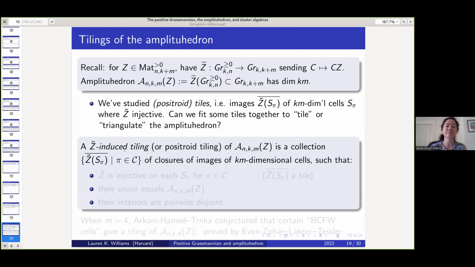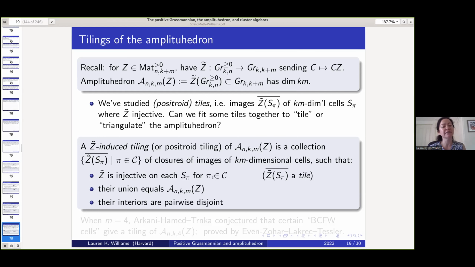We'll say that a Z-induced tiling or a positroid tiling of the amplituhedron is a collection of closures of images of km-dimensional cells such that Z tilde is injective on each cell, and the union of these tiles is the amplituhedron, and the interiors are pairwise disjoint.